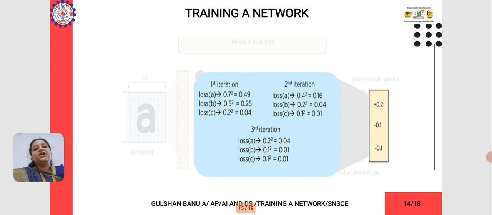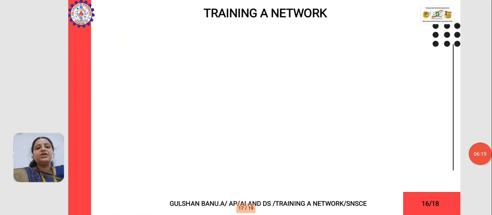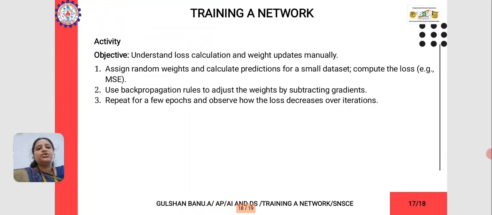Based on these values, the slope is created again and the graph value is detected. This is how the neural value will be detected. So this is how you train a model based on loss function, backpropagation and gradient descent. Once you get an actual value, you compare it with the predicted value, and if you are not satisfied with the answer, you backpropagate and evaluate it. This is all about training a network.